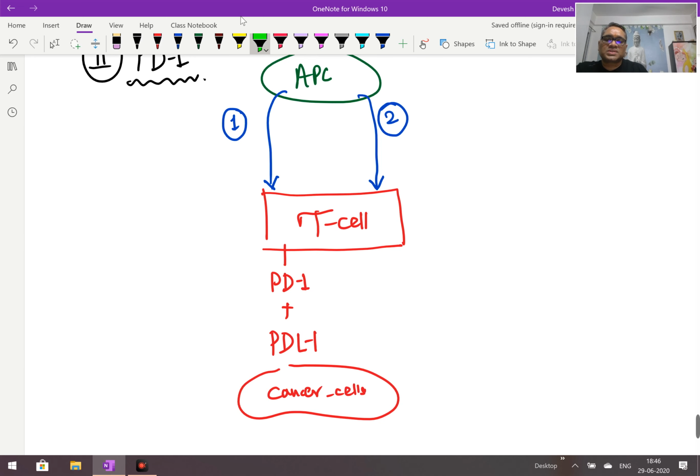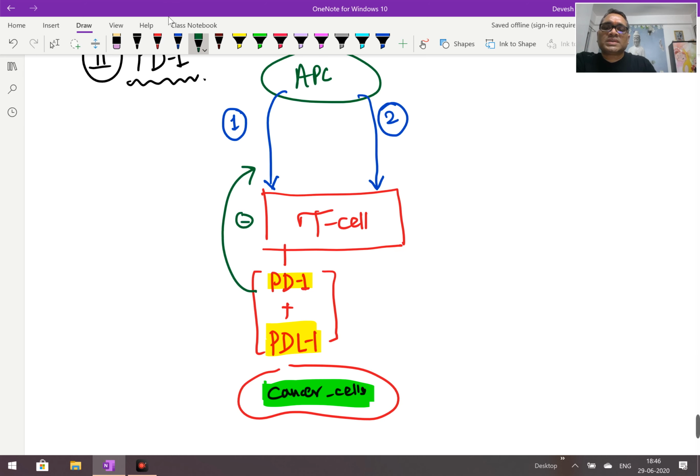Now I'm showing you, this is the cancer cell, having the PDL1 ligand on its surface. PDL1 will combine with PD1, and because of this combination, this will inhibit both the signals of T cell activation. As a result, the T cell will be inactive.